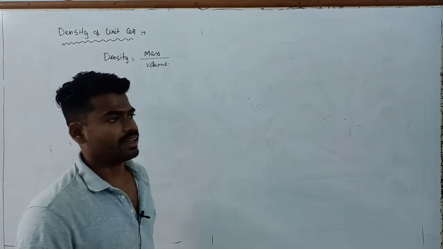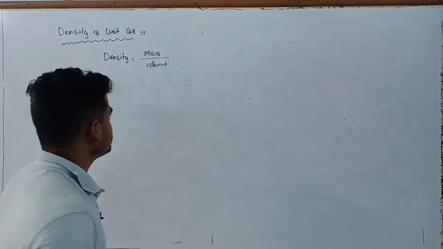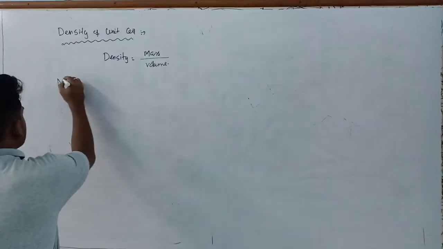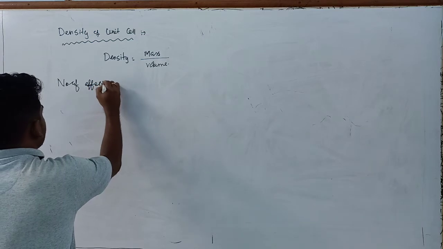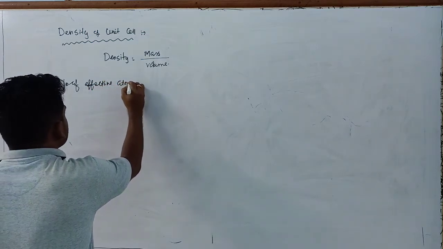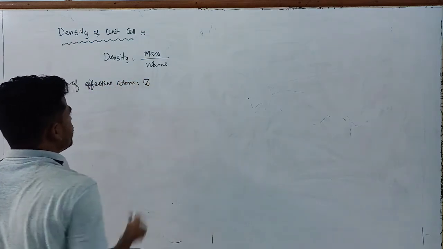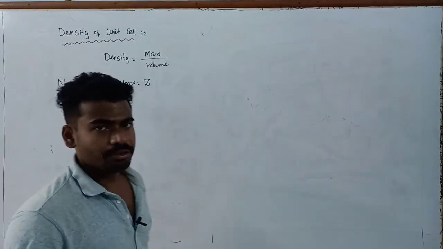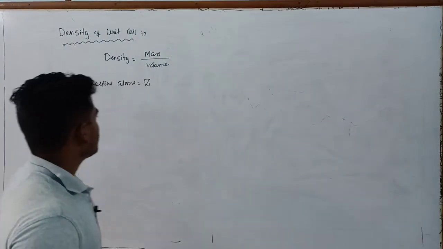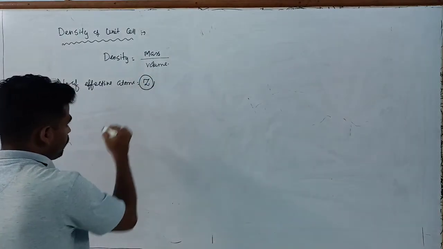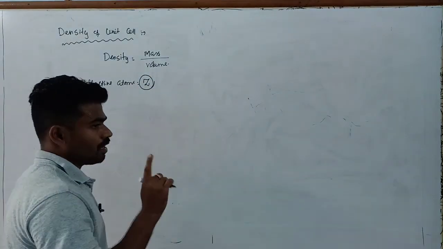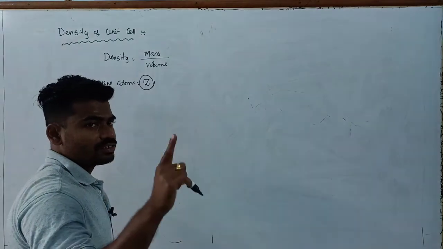spheres or effective particles that correspond to the rank of unit cell. So the number of effective atoms is equal to Z, the number of atoms present in a unit cell. So in order to calculate the mass of Z number of atoms, we have to calculate first the mass of one atom.